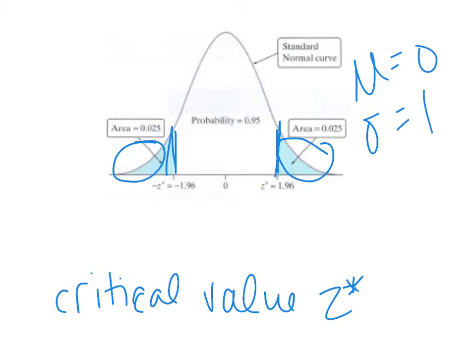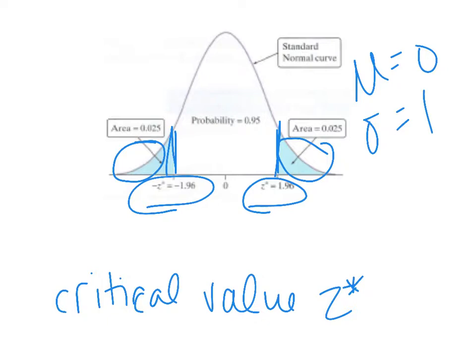When I work backwards using my table A, and we can also do this on the calculator, we can determine that our critical value of z is 1.96. That critical value is going to be important when we calculate our confidence interval, because remember, a confidence interval is our statistic plus or minus the critical value times the standard deviation or standard error of the statistic.